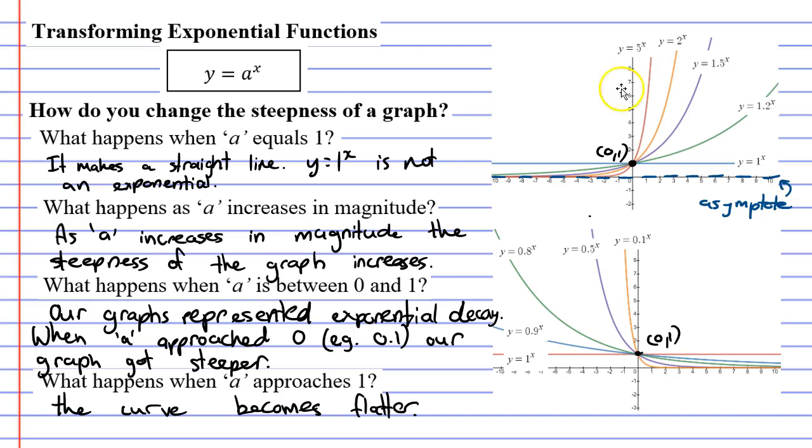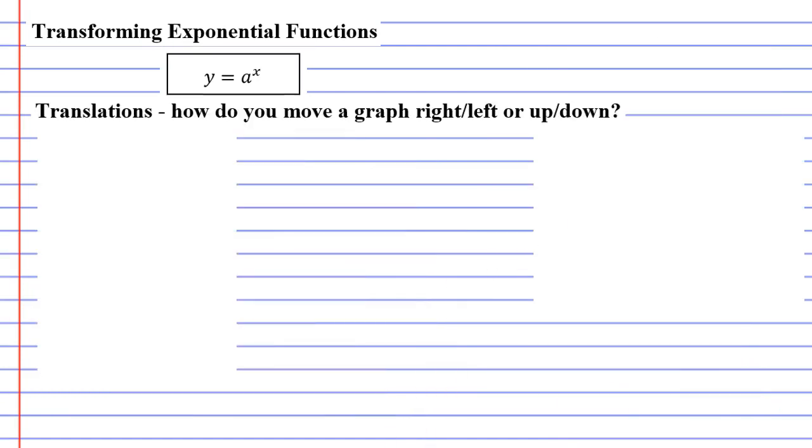A-S-Y-M-P-T-O-T-E, the asymptote. And an asymptote is basically an imaginary line that the graphs never touch nor go below. So I'm going to put an asymptote line on our graph below.